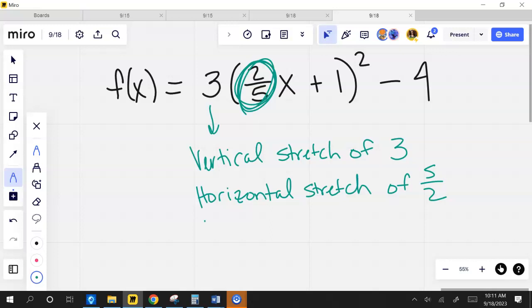Somebody said left 1, down 4, and that's absolutely right. Okay, where did I confuse you?